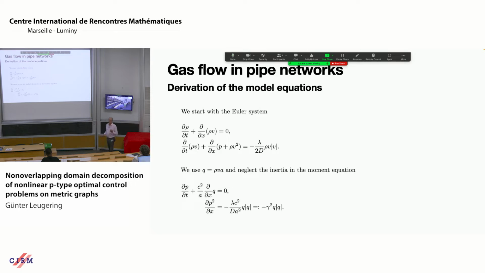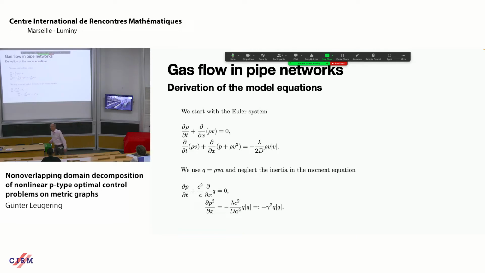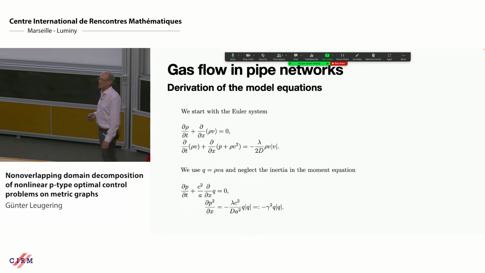So it's extremely important in these applications not to go a very far step at the very beginning in the modeling. I would love to be able to write down the system of equations for the Euler gas equation on a network, right? I can do this. But I cannot do, at this point, domain decomposition for that, right? I'm not able to do a non-overlapping domain decomposition for the full Euler gas equation on a network.